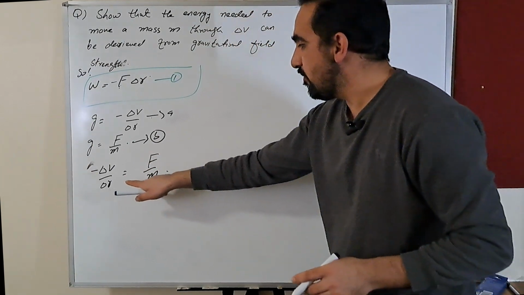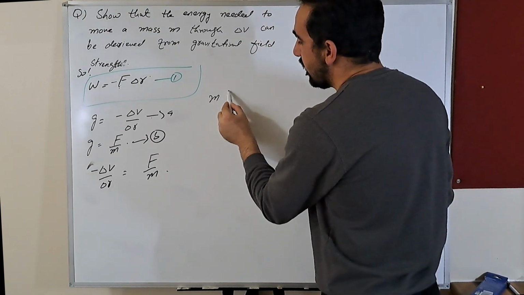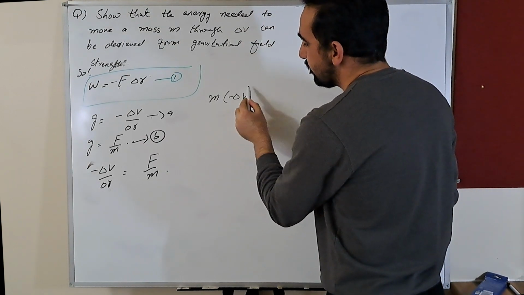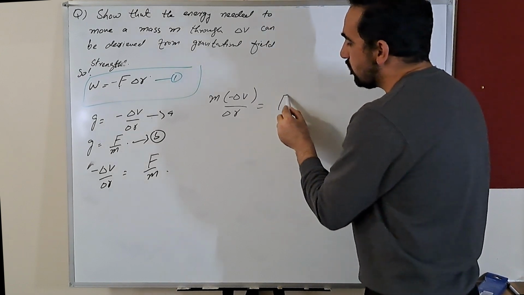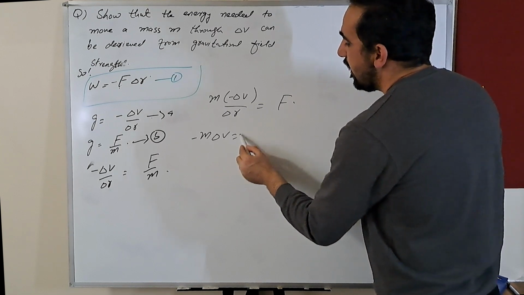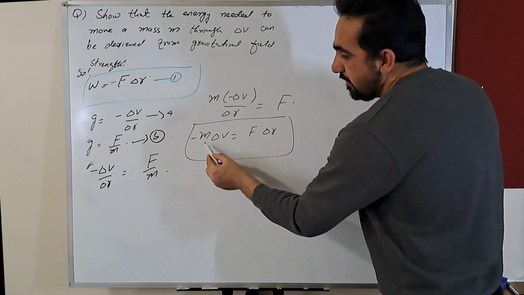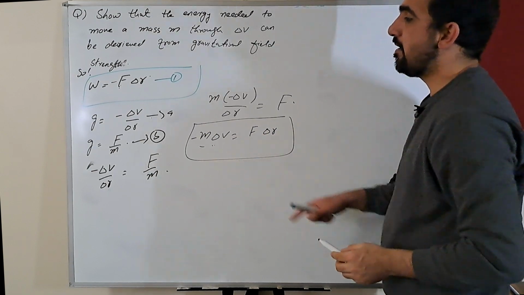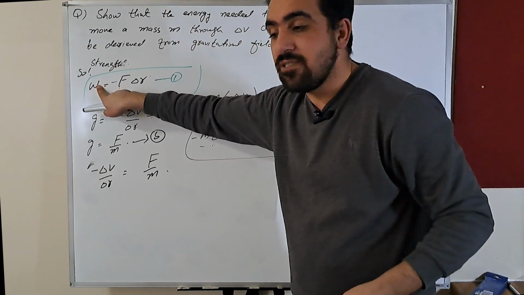Okay, and what do we get from here? We get minus M delta V divided by delta R is equal to F, or minus M delta V is equal to F into delta R. And this minus M delta V is the work done on the object.